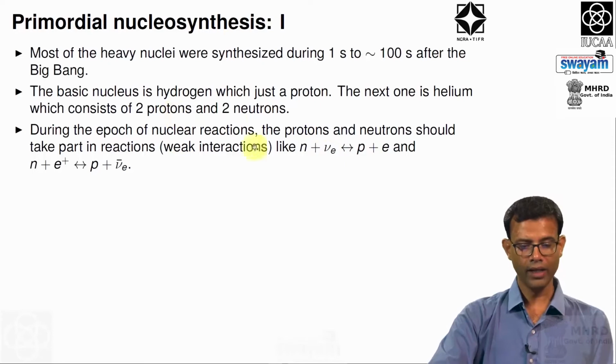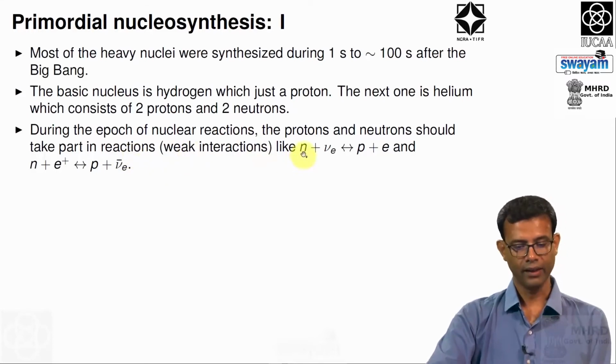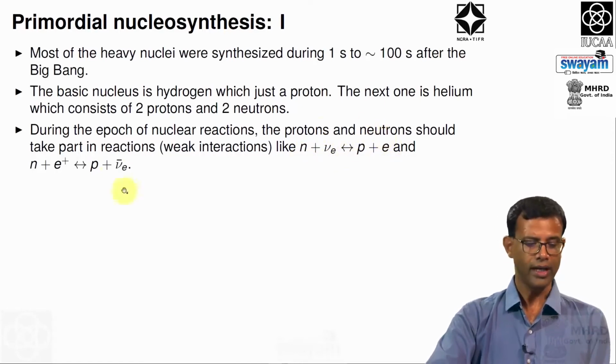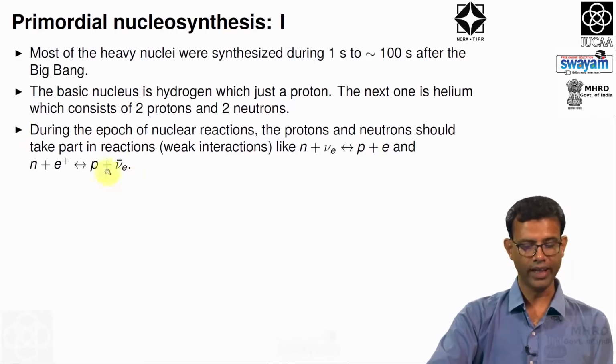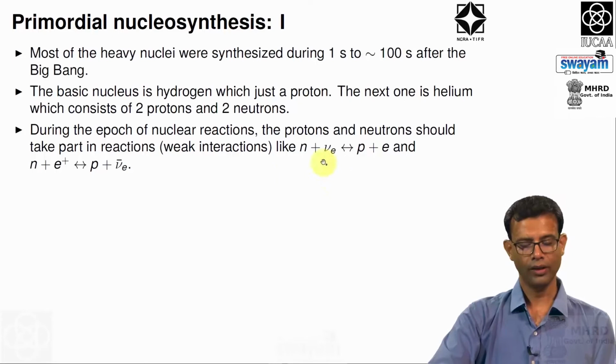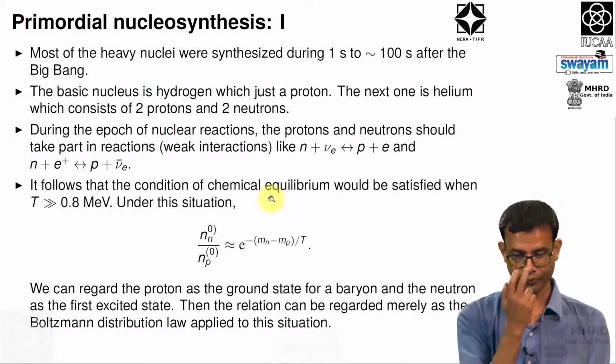During the era where nuclear reactions are taking place, the protons and neutrons partake in reactions, basically weak interactions like this. For example, a neutron can interact with the electron neutrino and give rise to a proton and an electron, and the reverse reaction can also happen. So, the neutrons, protons, electrons, neutrinos, antineutrinos are taking part in these reactions.